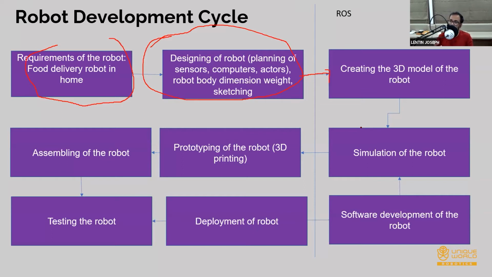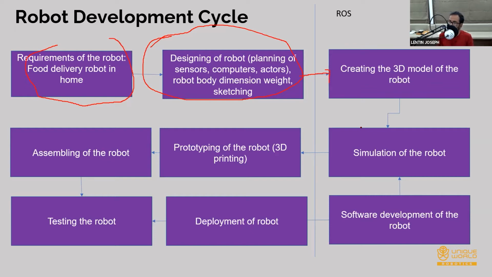Okay, so you will get a good understanding of how the robot looks, and you can do some modifications. And one of the use cases of the 3D model is the simulation. Like after doing the 3D modeling, you are not directly creating the hardware.